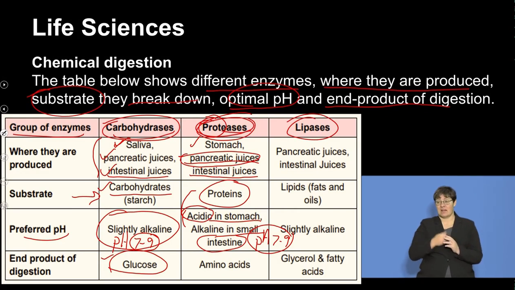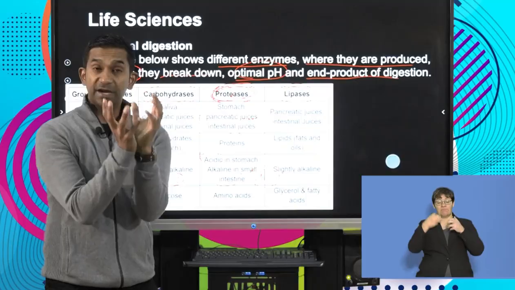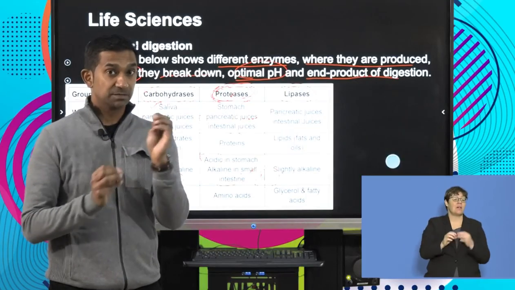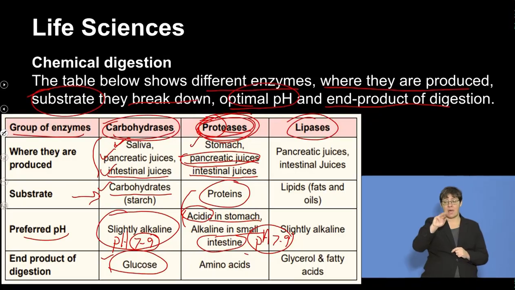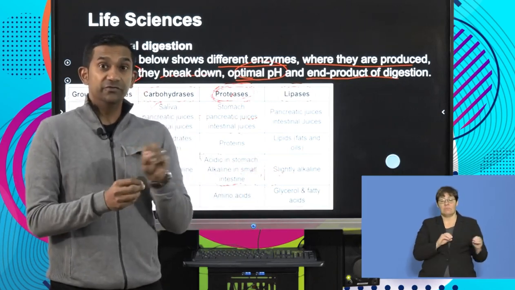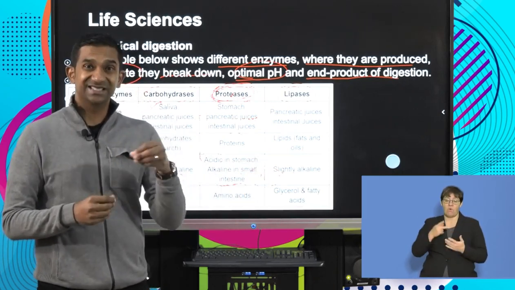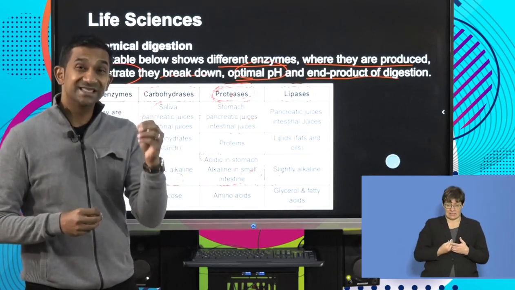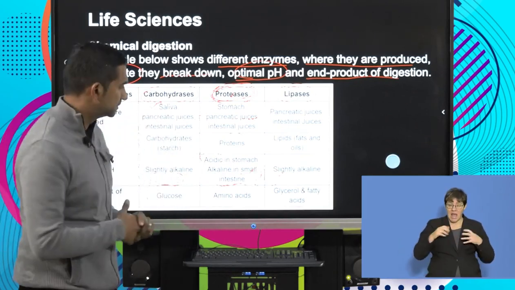And finally, your proteases, as I mentioned, protein digesting enzymes, break down proteins into the simplest molecules called amino acids. It is these amino acids that then travel along the digestive system, are absorbed into the bloodstream, and then move into cells where they're used for protein synthesis in a process called assimilation, or putting them together.